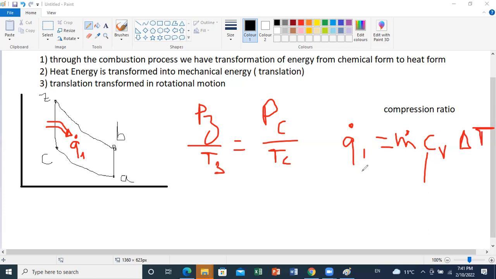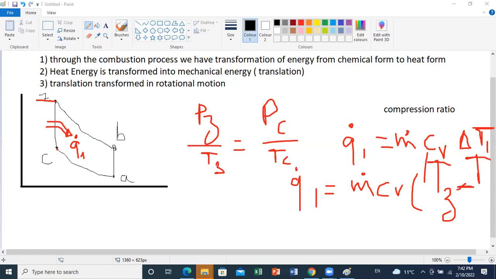So Q dot 1 in phase 1 equals m dot times Cv times the difference in temperature between points Z and C, which is Tz minus Tc. So I can see that Q is related to the temperatures.